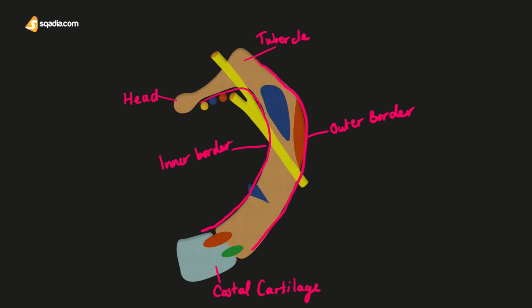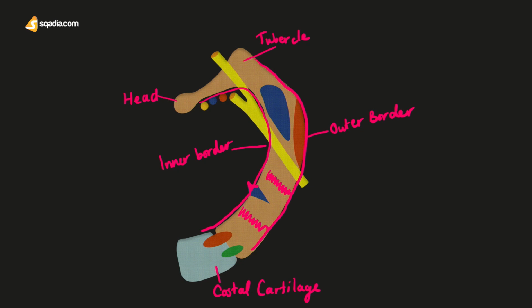Also, we have two grooves. So we'll talk about what these grooves are. We have a small tubercle right over here. So now let's start talking about all of the structures. So remember all of these. We have the costal cartilage right over here.